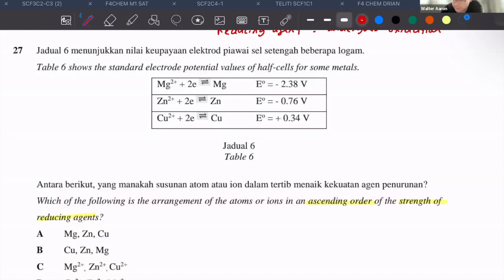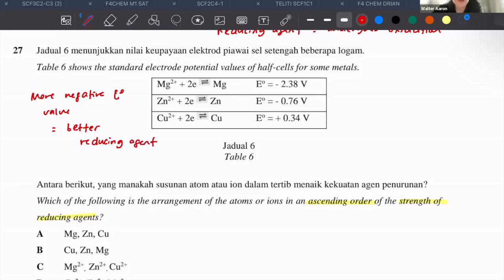So I'll put here, more negative E0 value equals better reducing agent, because it is more easily oxidized.